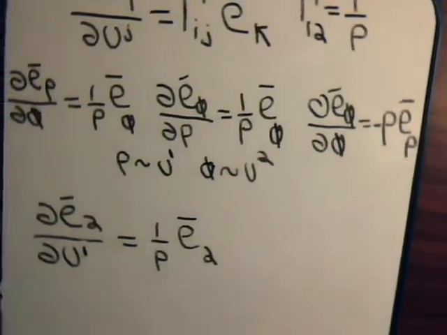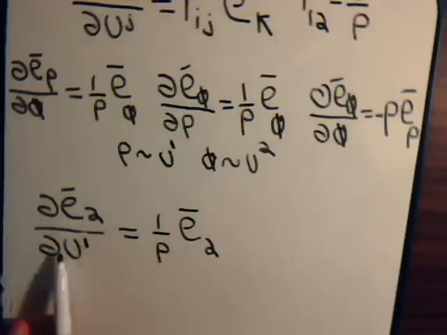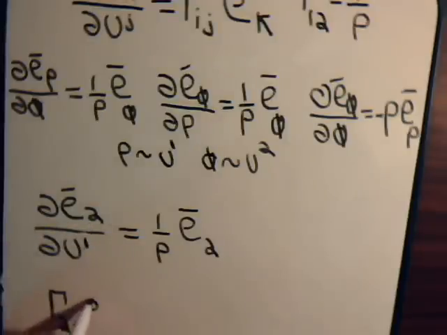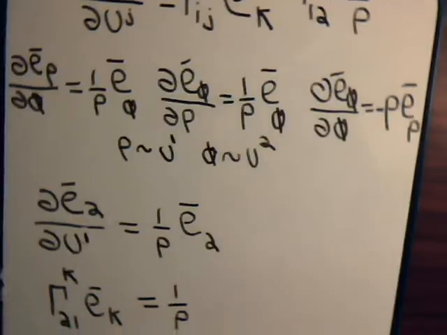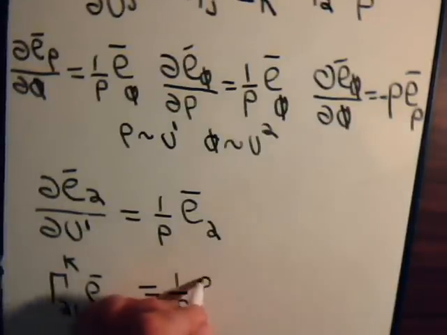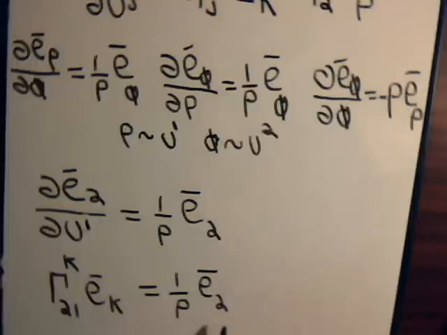Now we can write this in terms of Christoffel symbols. We'd have gamma 2, 1, times one of the basis vectors with the repeated index equals 1 over rho E2. Well, here on the right side, this is 2, so let's put it in here.